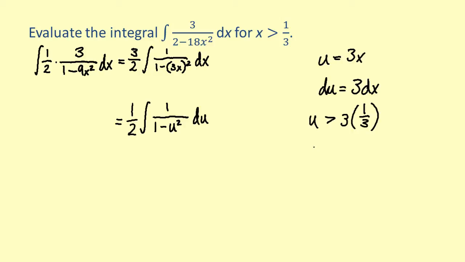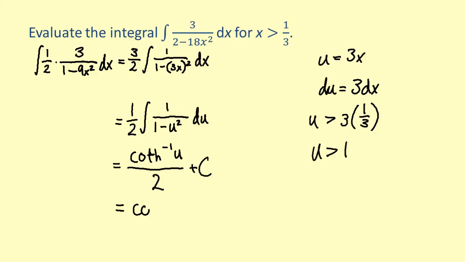Simplifying, we find that u is greater than 1. So, integrating 1 over 1 minus u squared, we get the inverse hyperbolic cotangent of u over 2 plus c. Substituting our expression for u, we find that the integral is equal to the inverse hyperbolic cotangent of 3x over 2 plus c.